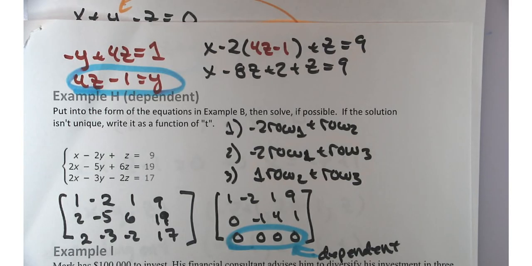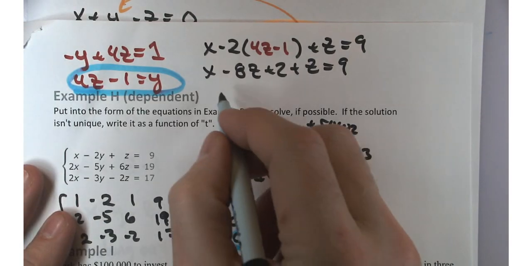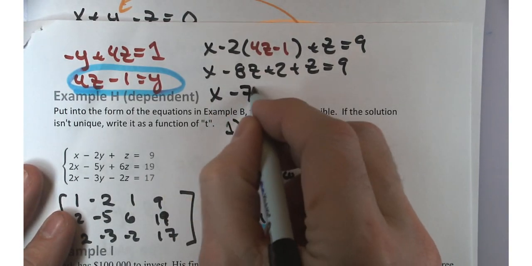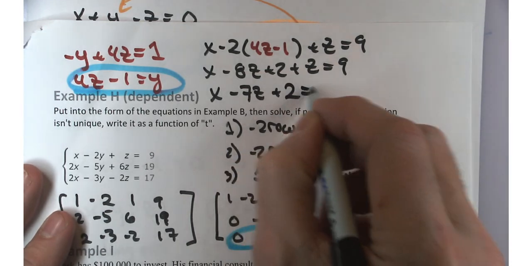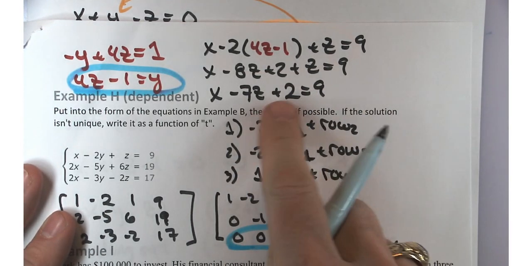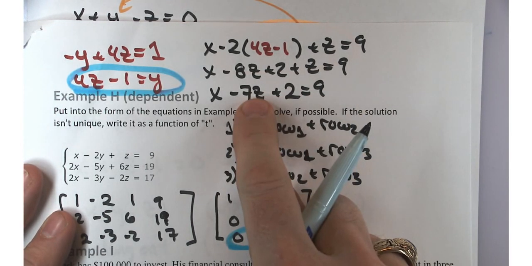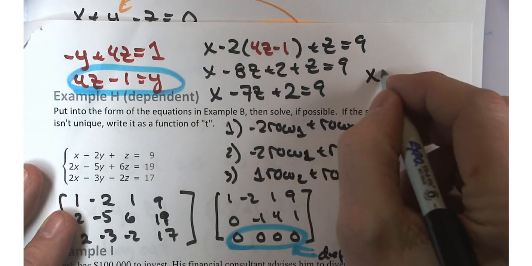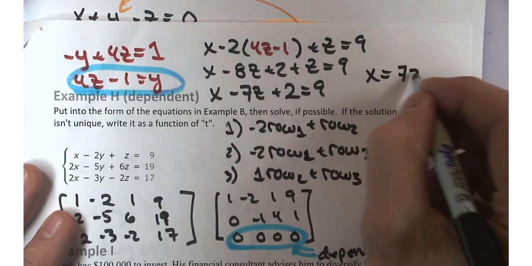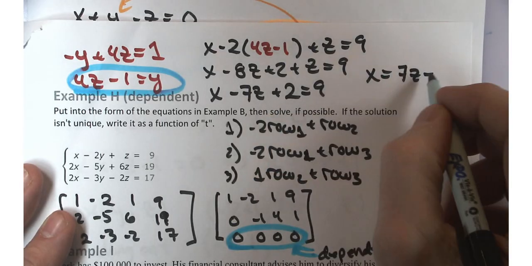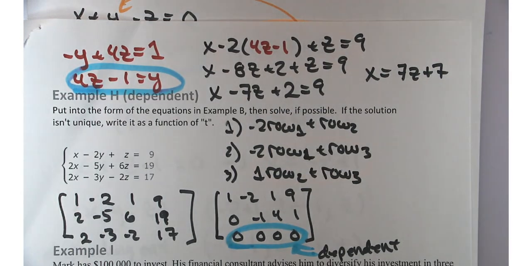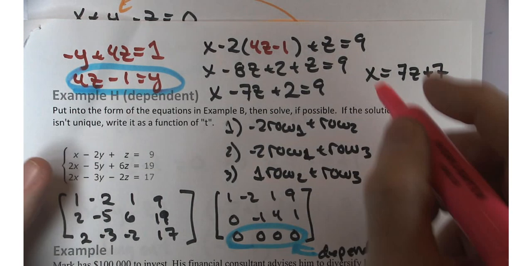Yeah, that looks right. If you combine like terms, we end up with x minus 7z plus 2 equals 9. Subtract 2 from both sides, add 7z to both sides. I believe I'm going to end up with x equals 7z plus 7. Is that what you guys are getting? Yeah. All right, thank you.